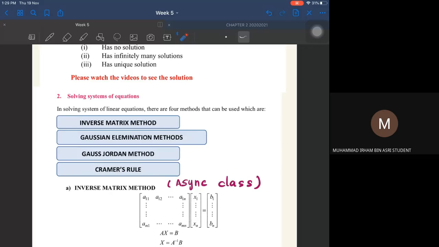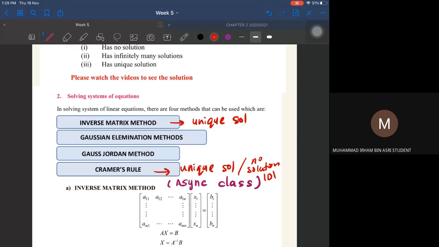Okay. So selalunya bila melibatkan inverse matrix methods or Cramer's rule, you akan dapat unique solution lah. Okay. Cuma yang ni dia boleh jadi no solution bila determinant dia tak sama dengan kosong. Ini saya akan explain bila kita masuk subtopik ni.